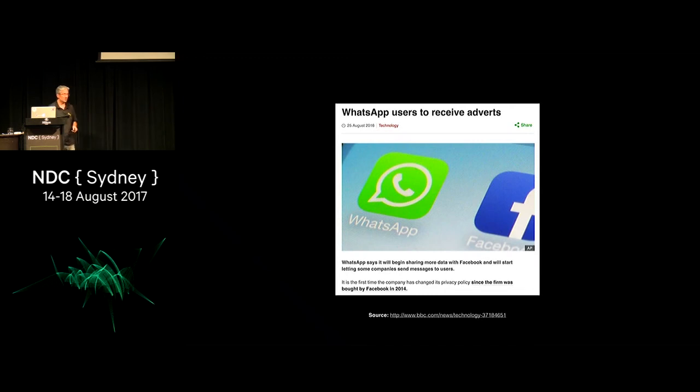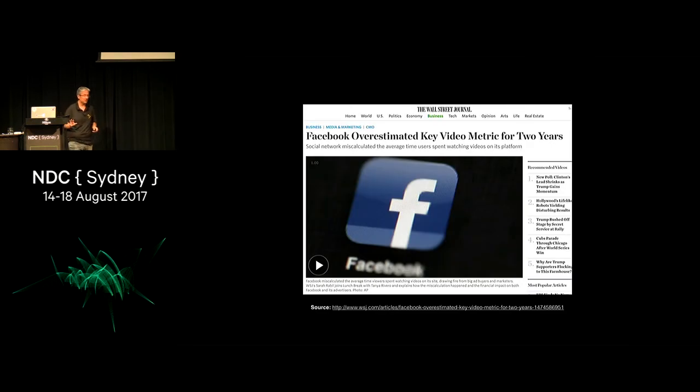Now, WhatsApp said that the users are going to receive adverts. When they bought WhatsApp, they never said that. They said, no, we're going to keep everything separate, and it's all going to be okay, and blah, blah, blah. Why? Because ads sell, apparently. They sell. And then we find out that some of the numbers are overestimated, but who cares? It's fantastic. Since you can't really measure it, you just put these amazing estimations and say, oh yeah, you spent $1 and you generated $600,000 in revenue.